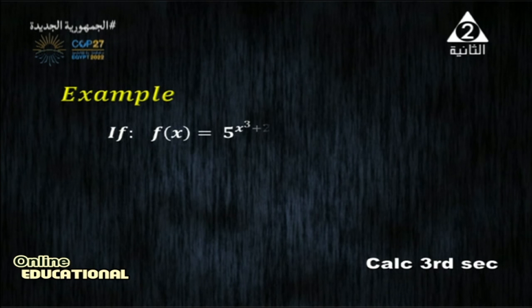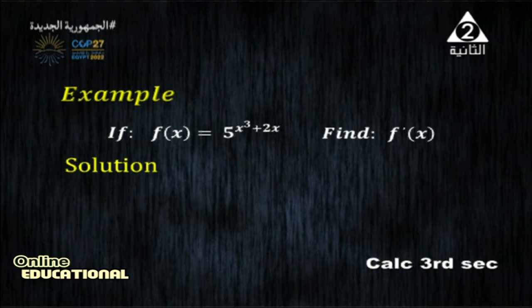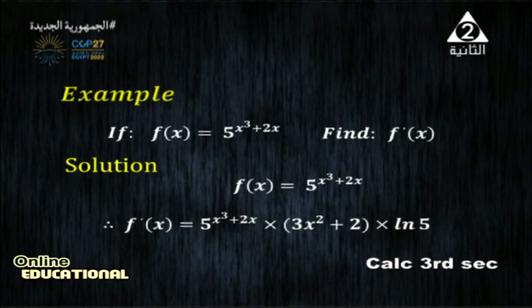Now we move to the next example. If f(x) equals 5 to the power x power 3 plus 2x, find f'(x). f(x) equals 5 to the power x power 3 plus 2x. Then the derivative of this function is 5 to the power x power 3 plus 2x multiplied by ln 5 multiplied by the derivative of the power.